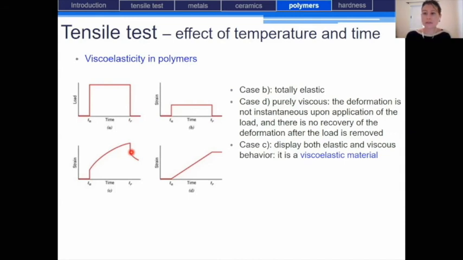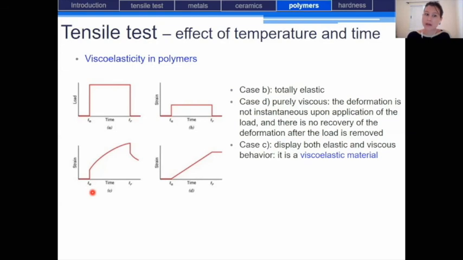And after that, the material continues to recover the deformation slowly. So, in fact, in case C we have an intermediate situation between case B, a totally elastic material, and case D, a totally viscous material. This behavior of case C displays both elastic and viscous behavior, and it is representative of viscoelastic materials and typically of polymers.